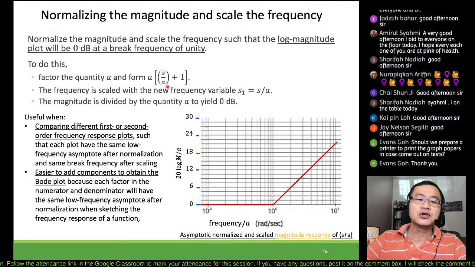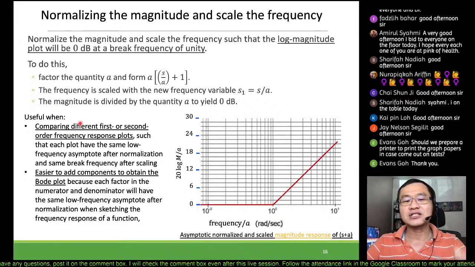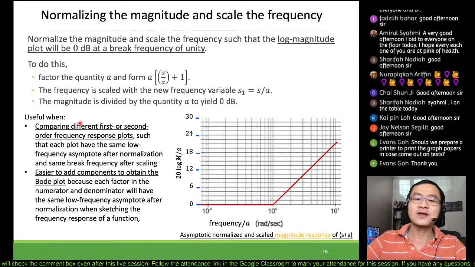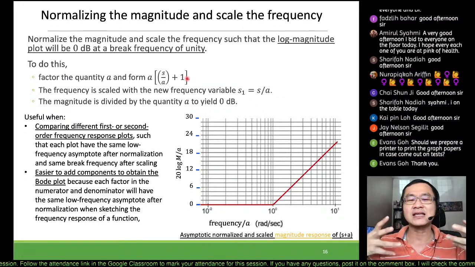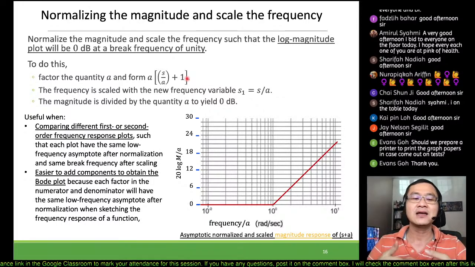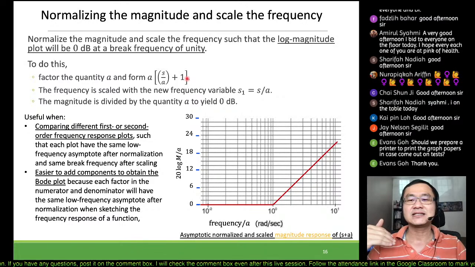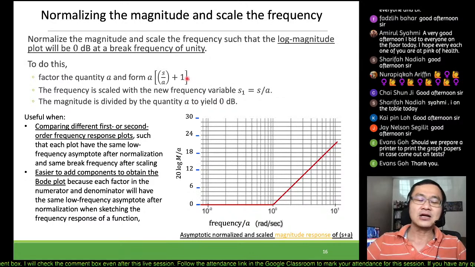When we normalize it, it is easier for us to compare between different frequency response plots. If they are not the same, then the plot is different and we cannot compare directly, especially for the low frequency, where the starting point is not at 0, not on the same line or value.